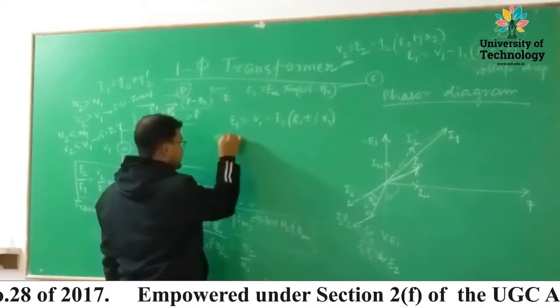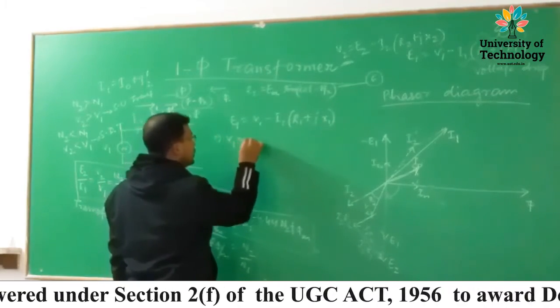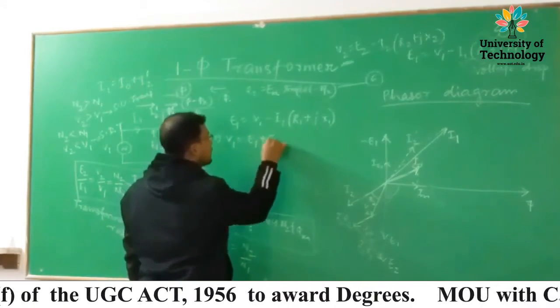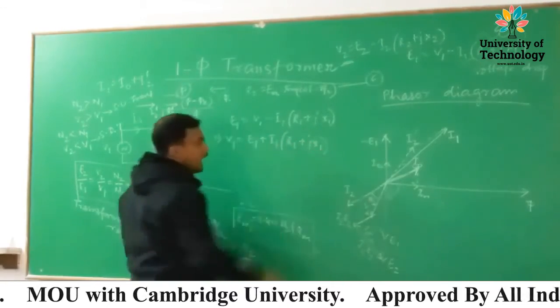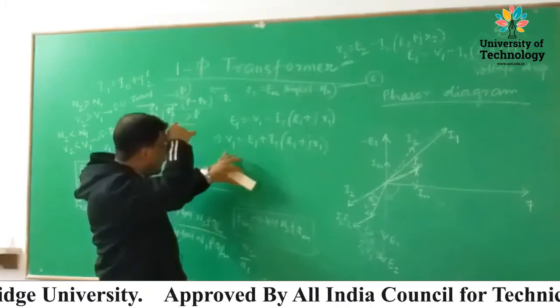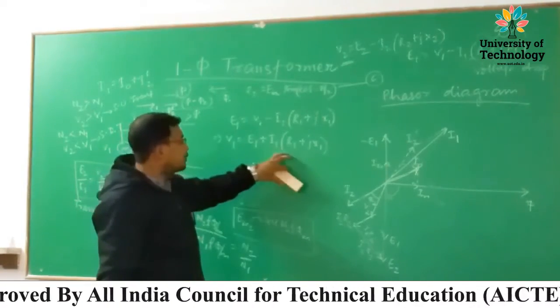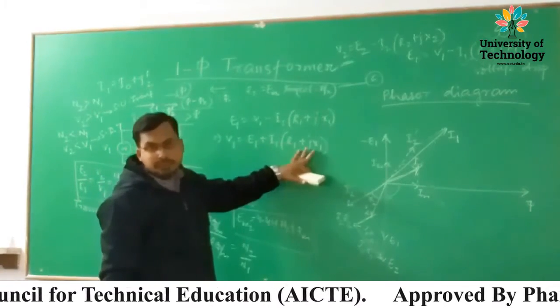We can write V1 is equal to E1 plus I1 into R1 plus jX1. So V1 we will get by the vector sum of E1 and I1 Z1.